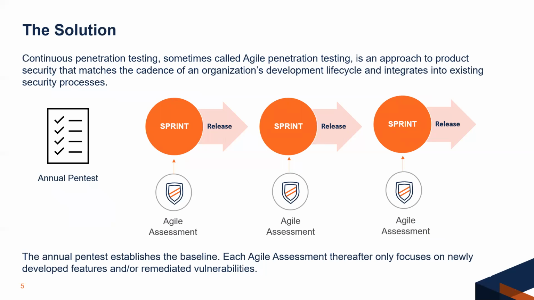Each agile assessment thereafter only focuses on newly developed features and/or remediated vulnerabilities found from the previous cycle. This closes the gap between development and pen tests to ensure that code which is released to production has been assessed. These shorter agile assessments are then repeated throughout the year.